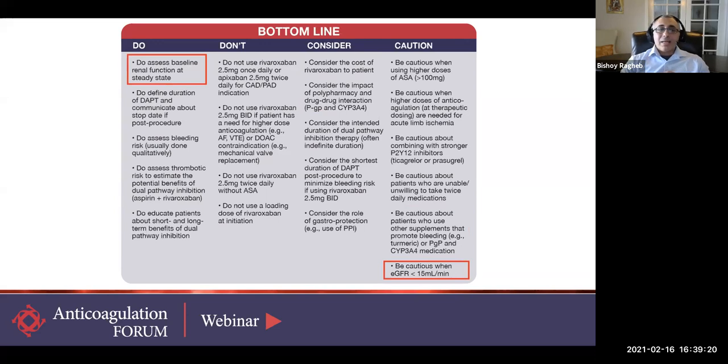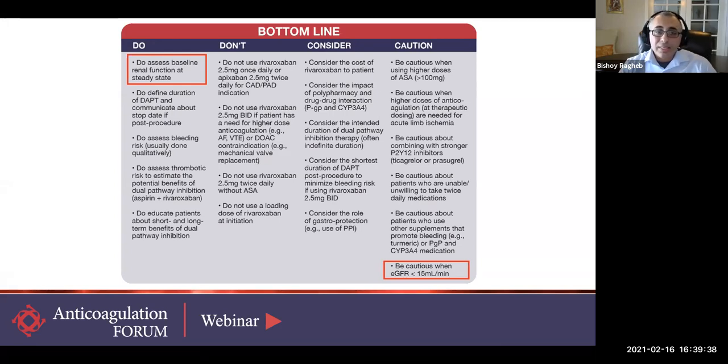And then lastly, with regards to chronic kidney disease, we would want to pursue baseline labs as we would with any DOAC at initiation, and make sure that we obtain those at the onset before we start the medication.